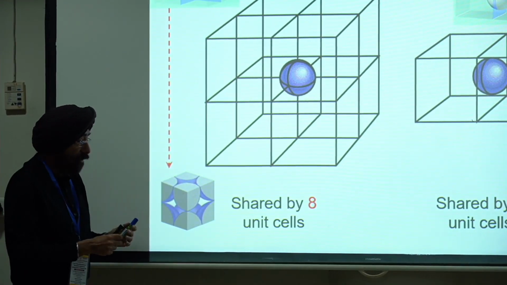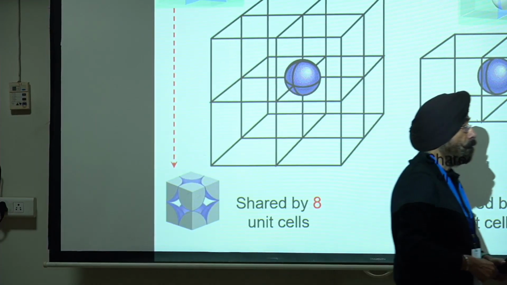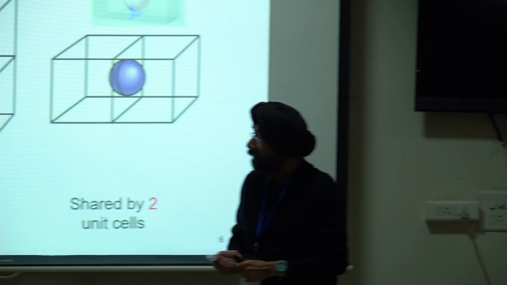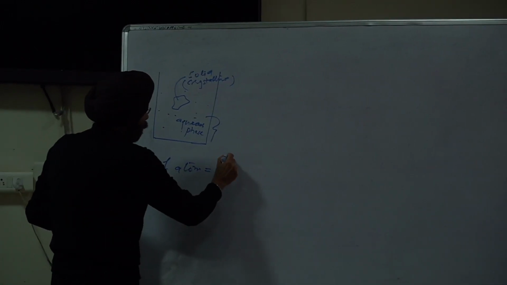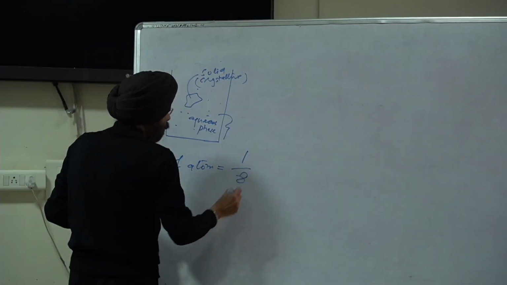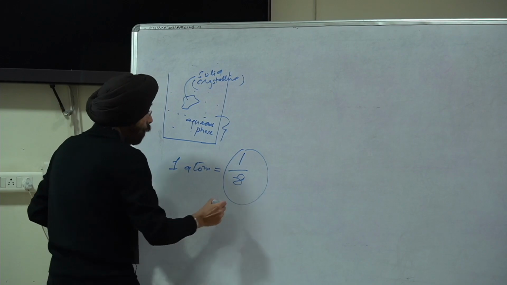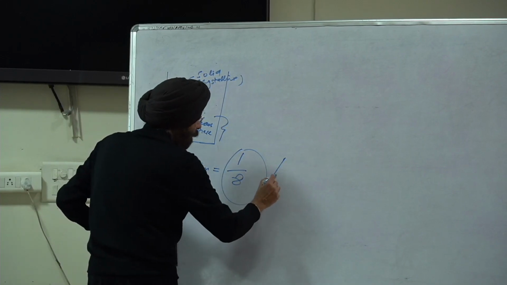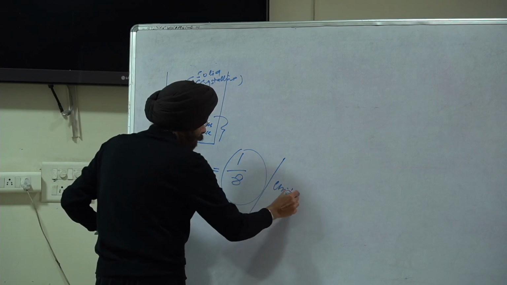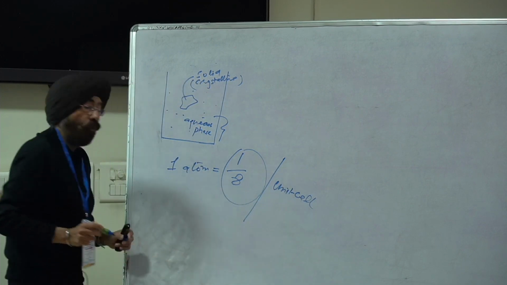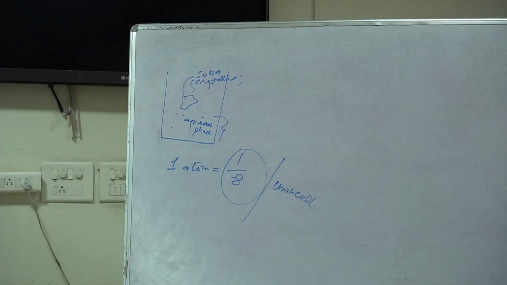So when the area is shared by 8 cubes, the surface area of 1/8 is included in one unit cell. So 1/8 part of one atom is included in the unit cell.